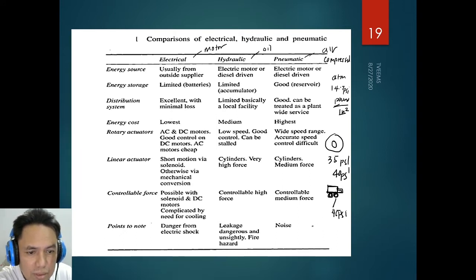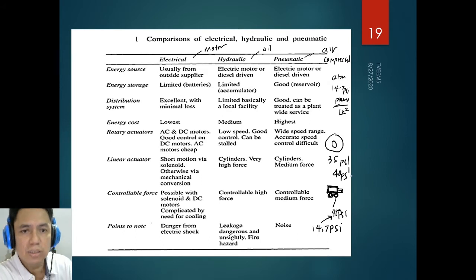So from the atmospheric pressure of 14.7 psi, you increase that pressure to 45 or 40 or 30, and you put that into the tire, then it could lift an enormous amount of mass or load. Okay, so that is pneumatic.